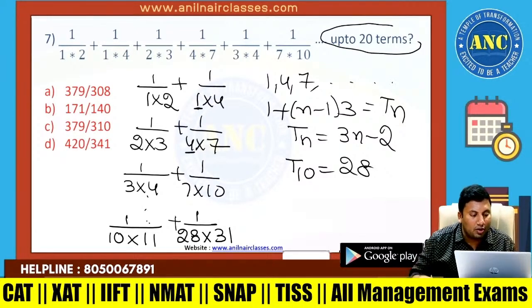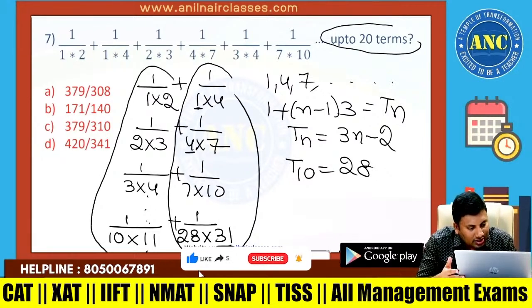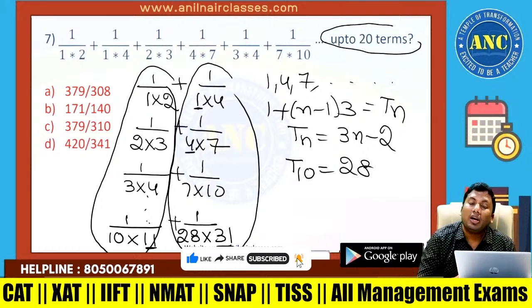Now we have to be right. What is the last numerical value? The last numerical value is 31. The answer should be 31. Now this is one series and this is another series. In this series, what is the last numerical value? 11.